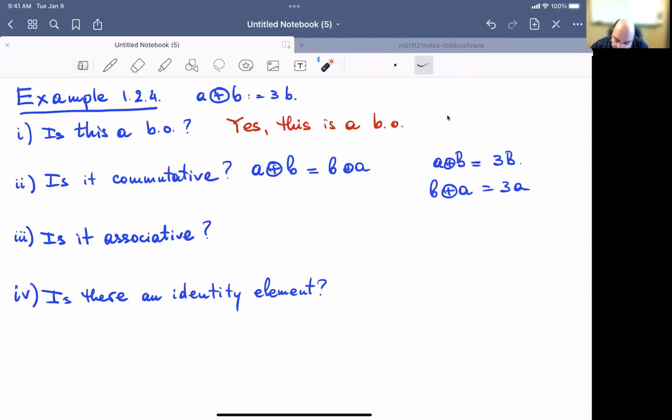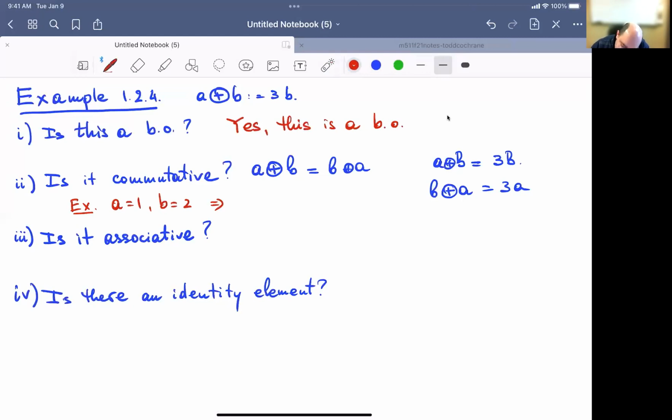Another way of doing this is to give one example for which this equality is not satisfied. For instance, let a equal 1 and b equal 2.